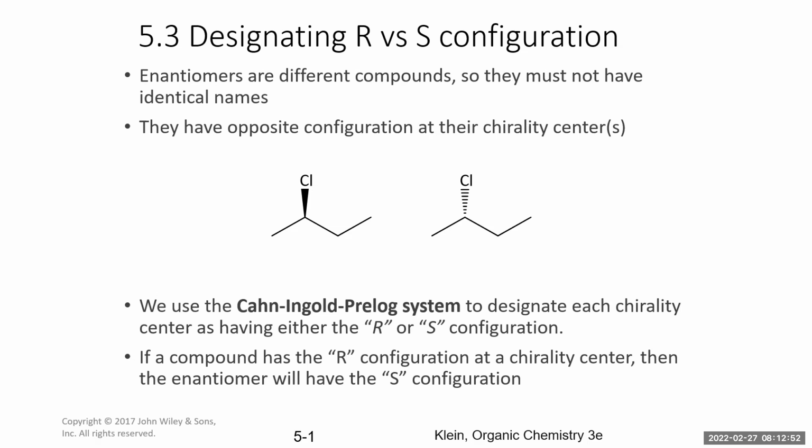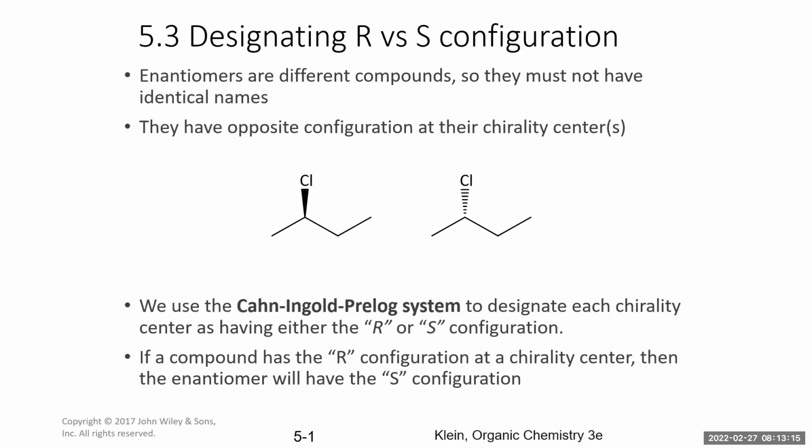So how can you differentiate them in terms of their name? Well, what you can do is use what we call the Cahn-Ingold-Prelog system to designate each chiral center as either having the R configuration or the S configuration.